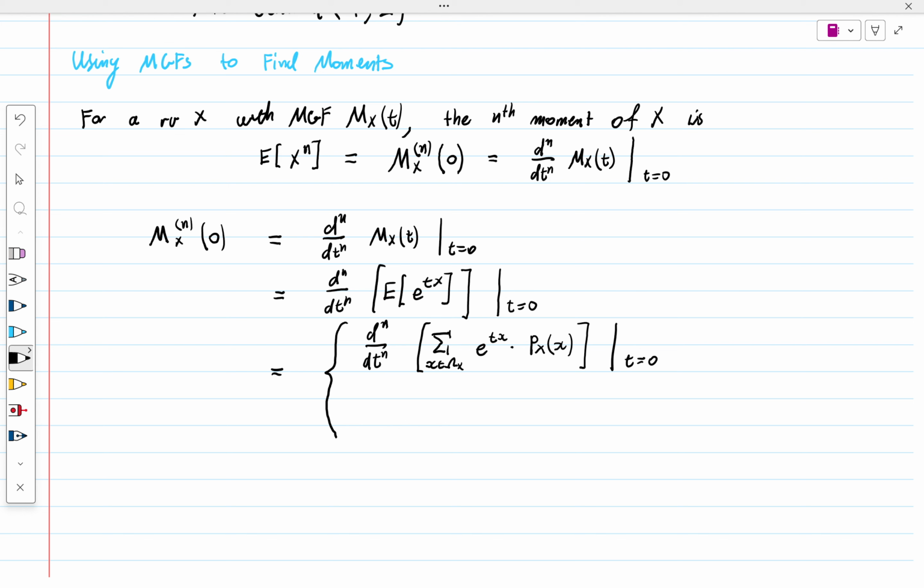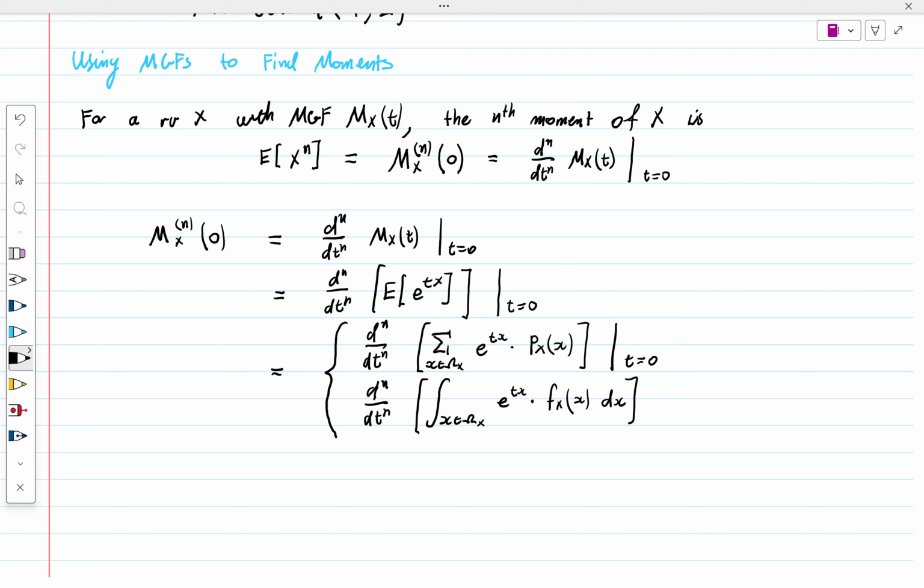So far, so good. No issues. The other way this could be formulated is that we use the continuous version rather than the discrete version, and we say d^n/dt^n of the integral over x in the support of e to the tx multiplied by the probability density function, integrated with respect to x.